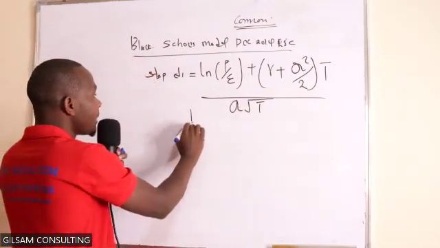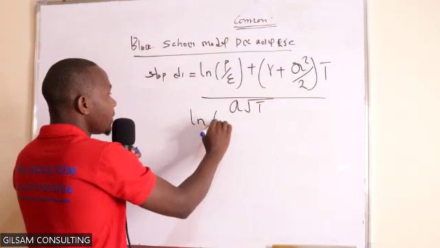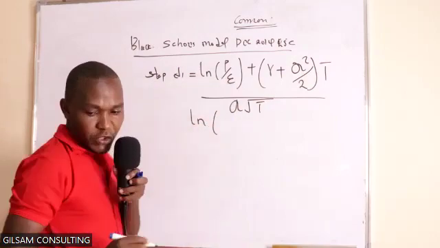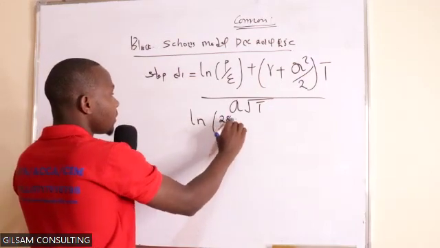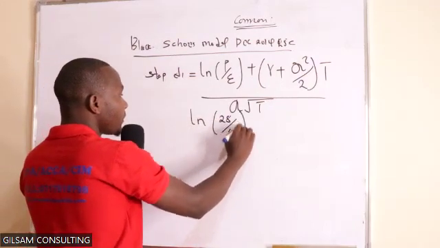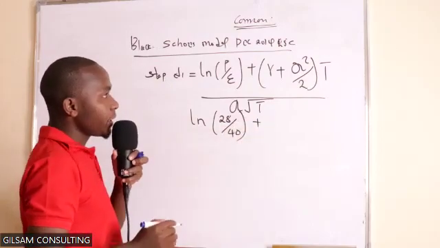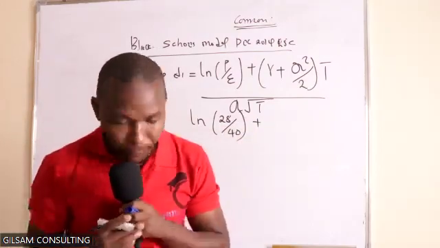So in our LN, we have the spot price 28 divided by the exercise price 40, plus the risk-free rate of 6%.